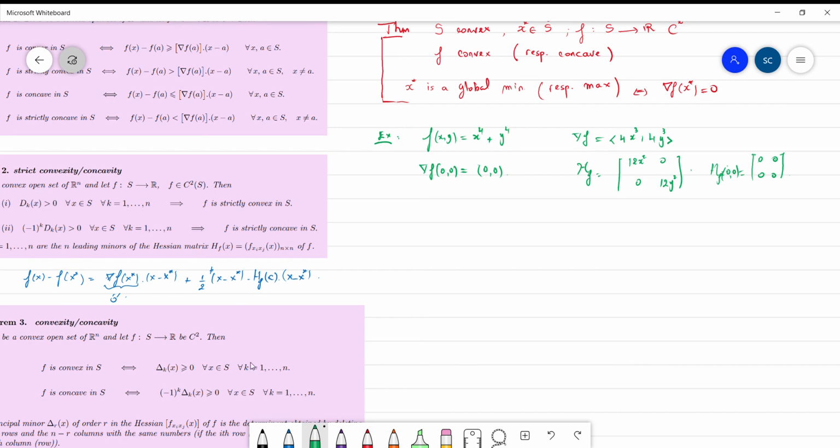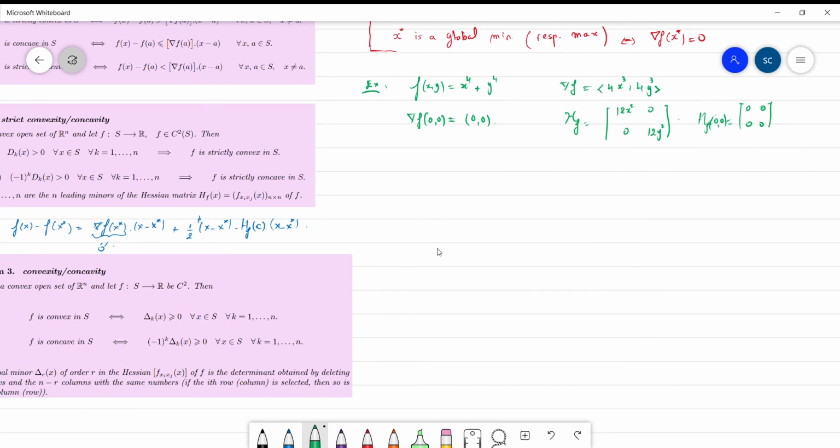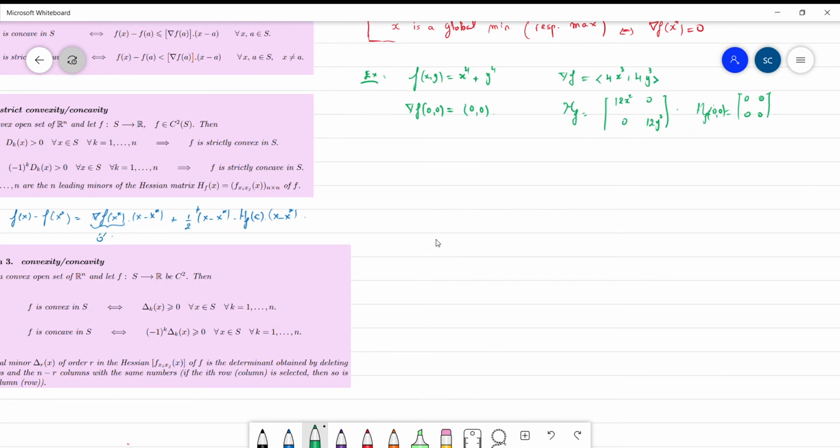But let's explore the second theorem. We can check for delta k, the order k. So k equal 1, we check convexity now.